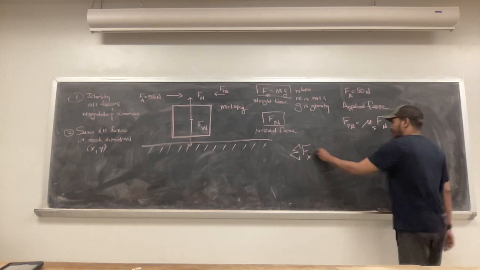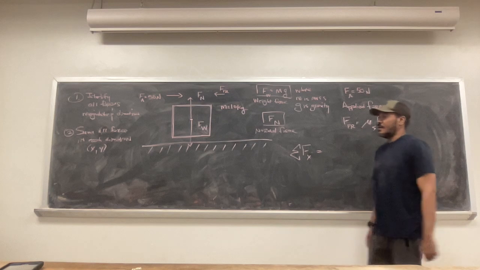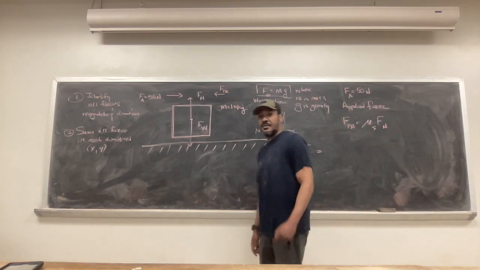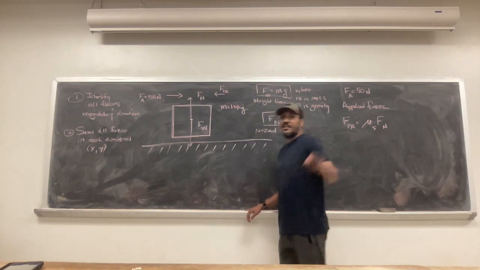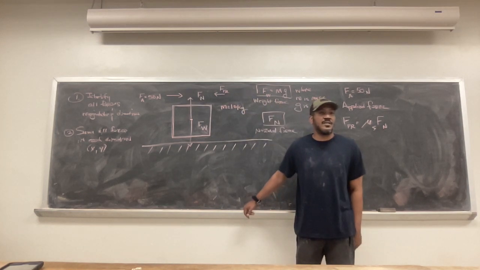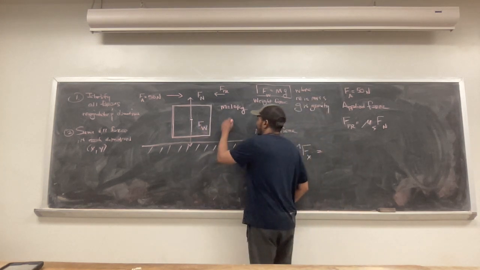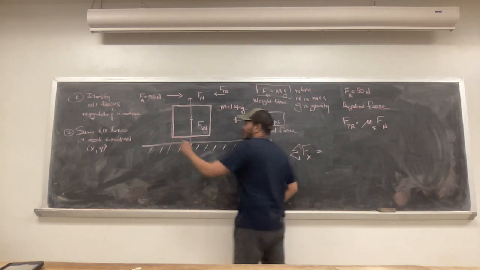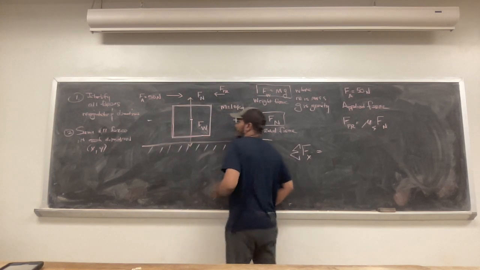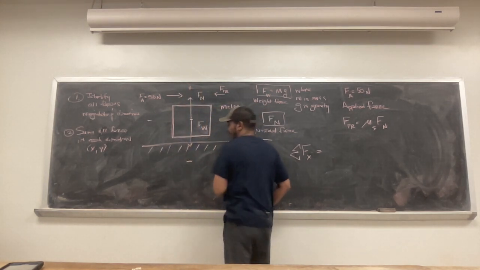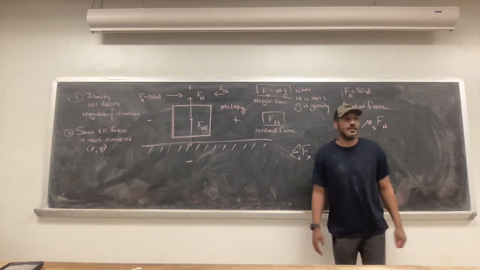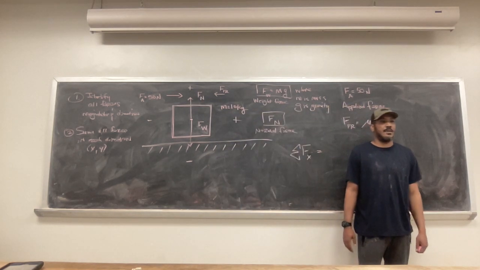The applied force. Right? And so remember, we're always going to make sure we identify our Cartesian coordinate system, right? So here is what? Positive. Here is what? Negative. At the top is what? Positive. At the bottom is negative. Right?